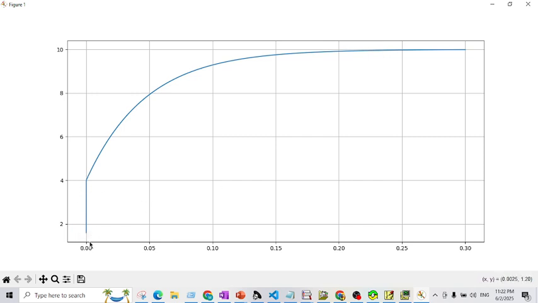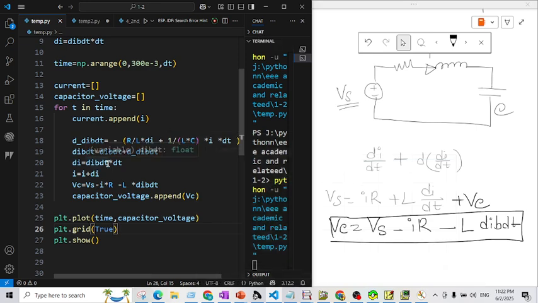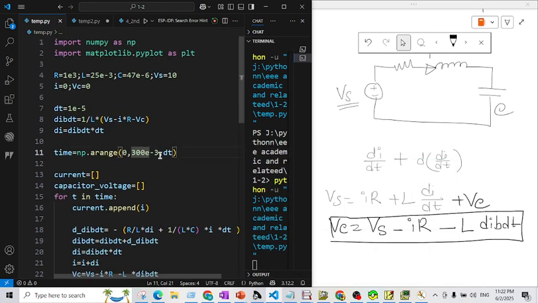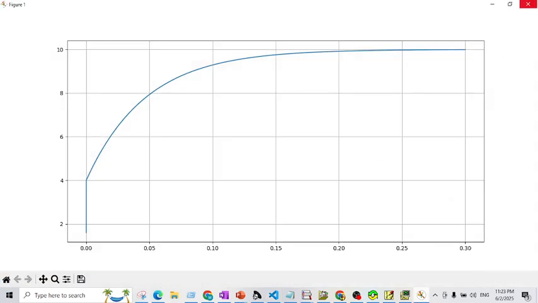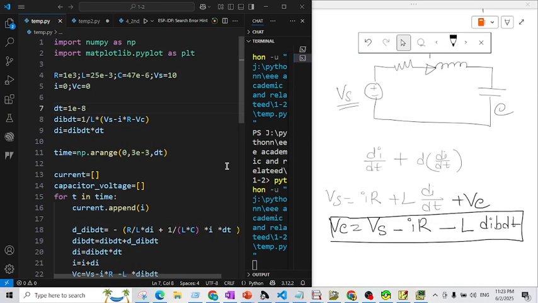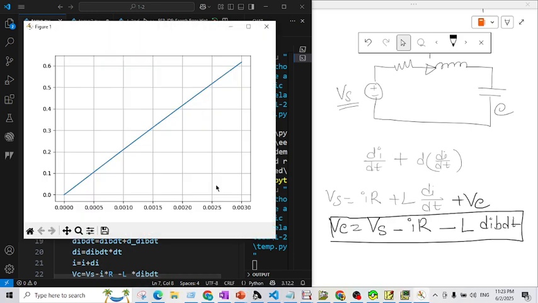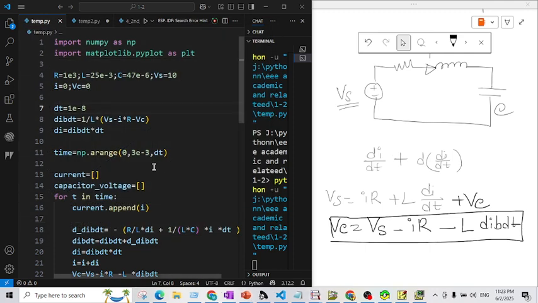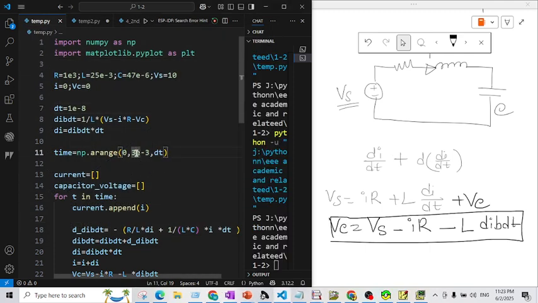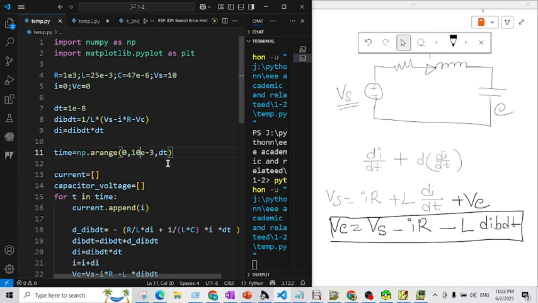Let's see from 0 to just 1 or 2 millisecond. So for, let's say, 3 millisecond, let's decrease the time interval and see what happens. Okay, a sharp change. Let's take it to 10 millisecond.